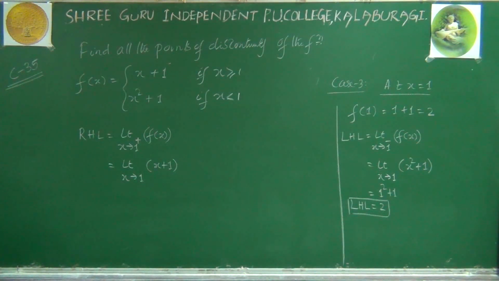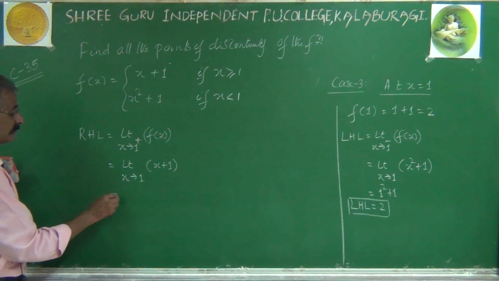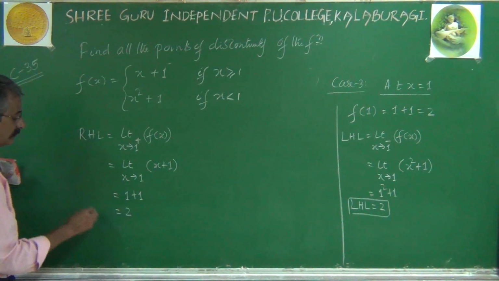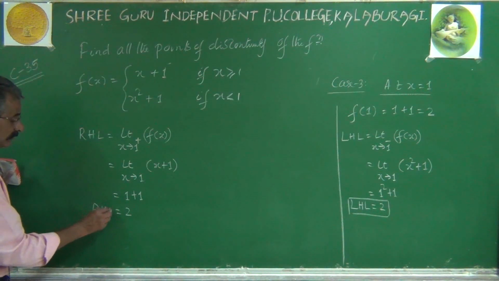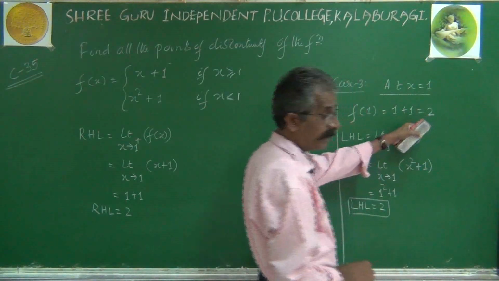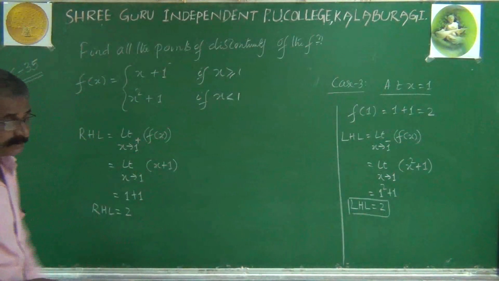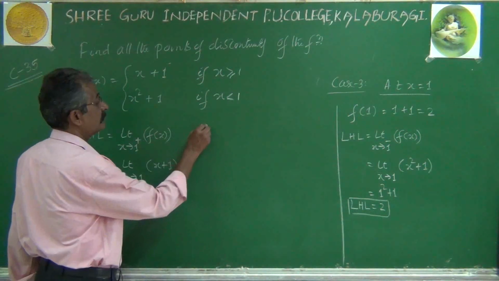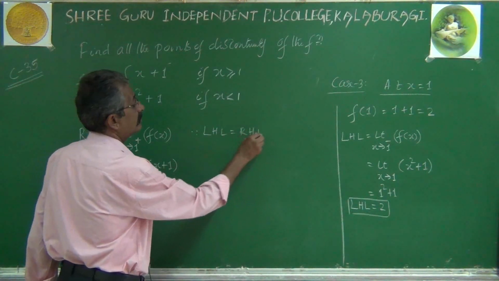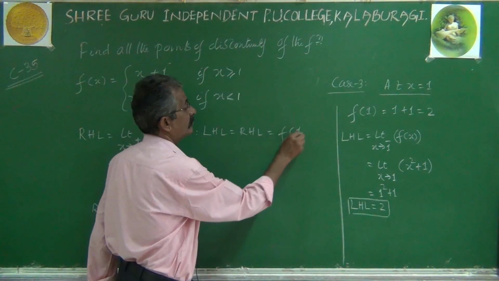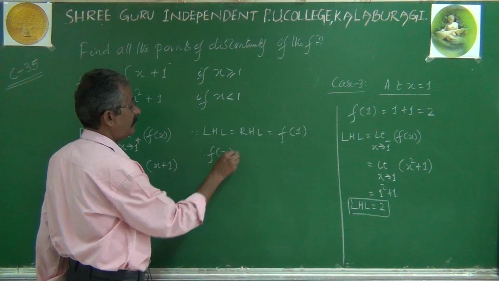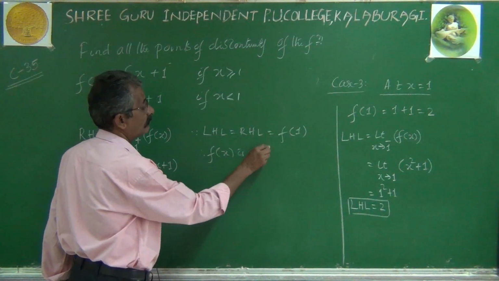Replacing x by 1, 1 plus 1, that is 2. RHL is also 2. LHL was already found as 2, and f of 1 is also noted as 2. So all are coinciding. Since LHL equals RHL equals f of 1, therefore f(x) is continuous at x equal to 1.